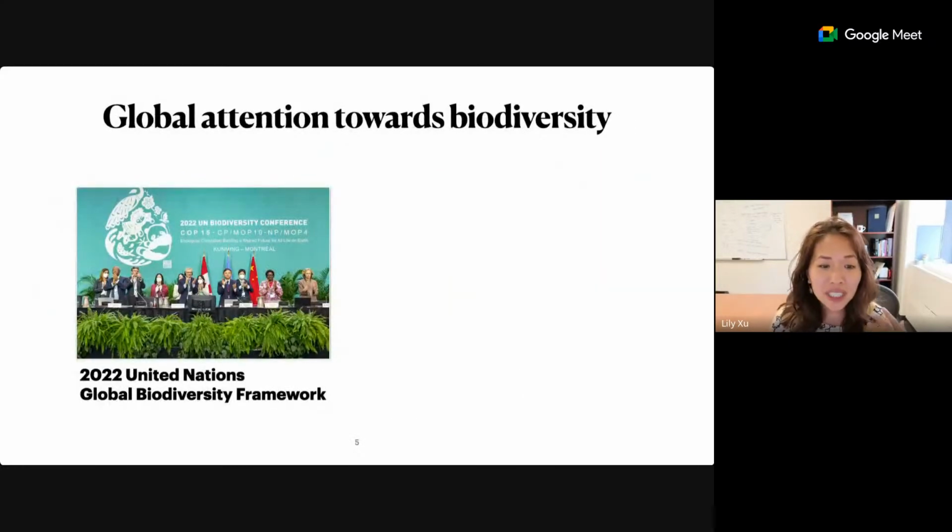Fortunately, to meet the moment and respond to the urgent and rapid losses that we're experiencing, there has also been a large amount of international agreement and mobilization towards addressing biodiversity loss. In 2022, we had the nature equivalent of the Paris Agreement, where 196 countries around the world signed the Global Biodiversity Framework, committing to a large number of things.